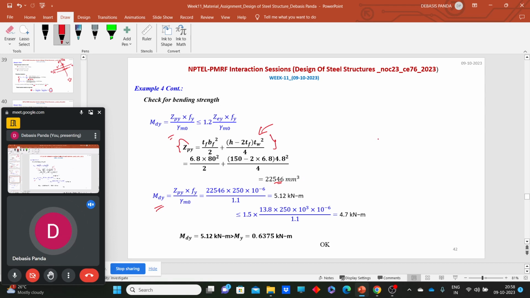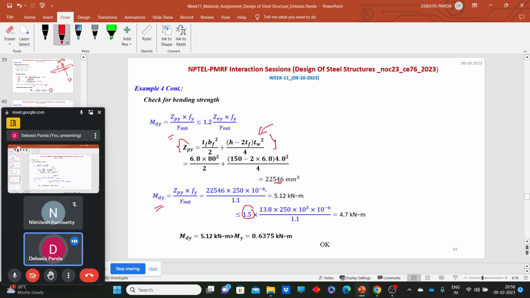Now put all these values in the Md_y equation, that means the design bending capacity with respect to the yy axis or vv axis. That comes as Zp_y into Fy by gamma m0, and we need to check that. Here I have replaced 1.2 with 1.5, because I want to carry out the checks with respect to the limiting condition, is it satisfying or not?